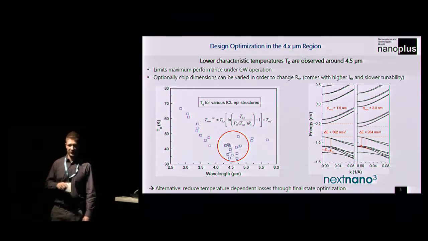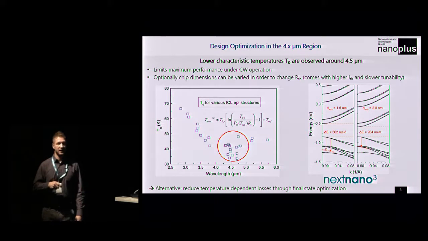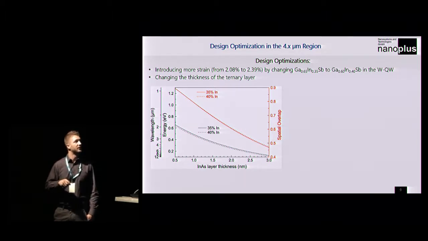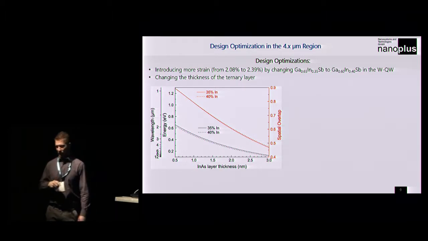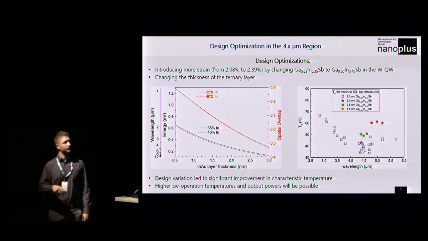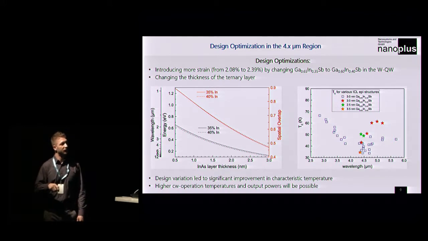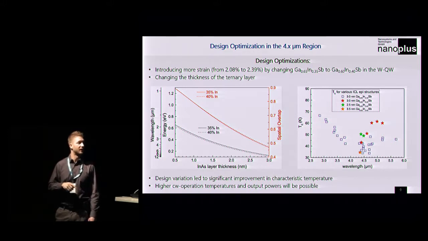We call what we did final state optimization. So the quantum well, we changed it in thickness and content, and we changed the indium level from 35 to 40% in this case, and changed the thickness of the ternary layer, which doesn't give you too much change regarding the wavelength or the spatial overlap, but the final state is optimized. Thus, by changing the content to 40% and the thickness, we could move up the T0 value, especially in the 4 to 5 micron range, from values around 40 up to 60 for this specifically interesting wavelength range of the environmentally important gases.